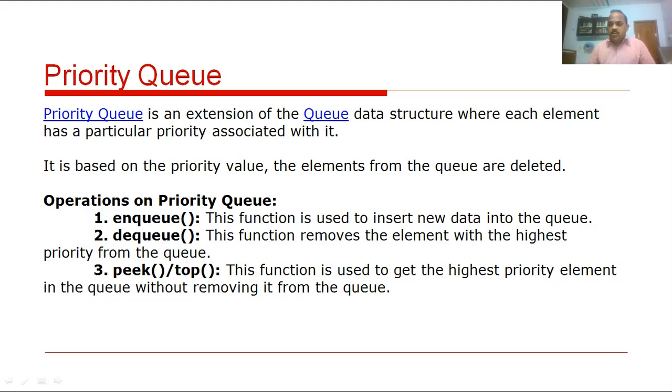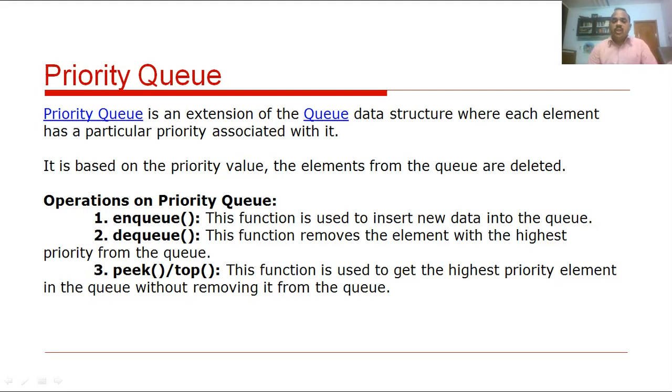Operations on priority queues. Here also, NQ inserts an element into the priority queue. DQ deletes an element from the priority queue. And peek is used to get the highest priority element in the queue without removing it from the queue. These three are the operations, the functions in priority queues.